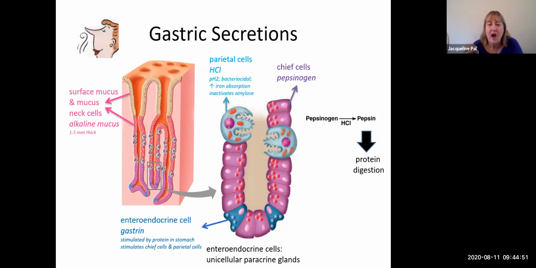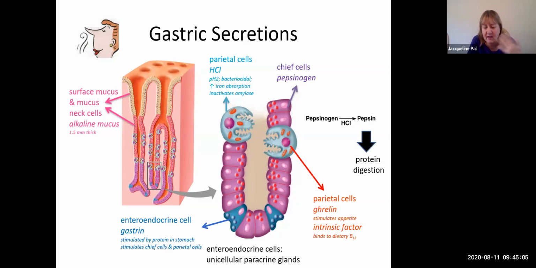All right, almost done. Going back to those parietal cells for a minute, because they do a couple of other things, one of which is super important. One thing the parietal cell does, which is interesting but isn't important for our studying unless you go on to further studies, is secrete something called ghrelin, which stimulates your appetite.